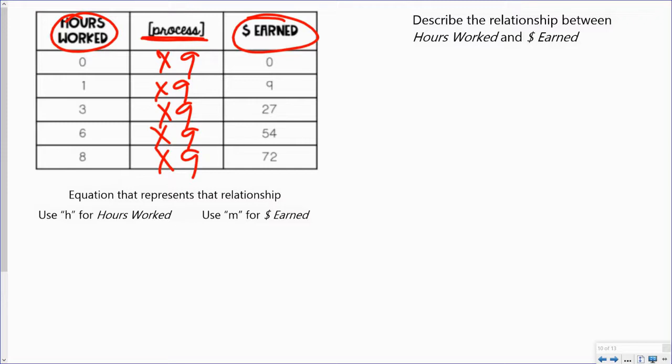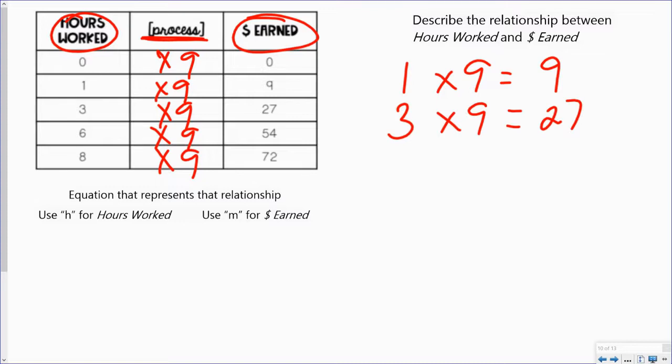So then over here, it says, describe the relationship between hours worked and money earned. Well, I know that if I work 1 hour, I'm multiplying it by 9 to get $9. If I work 3 hours and multiply it by 9, I get $27. If I work 6 hours and multiply it by 9, I get $54.